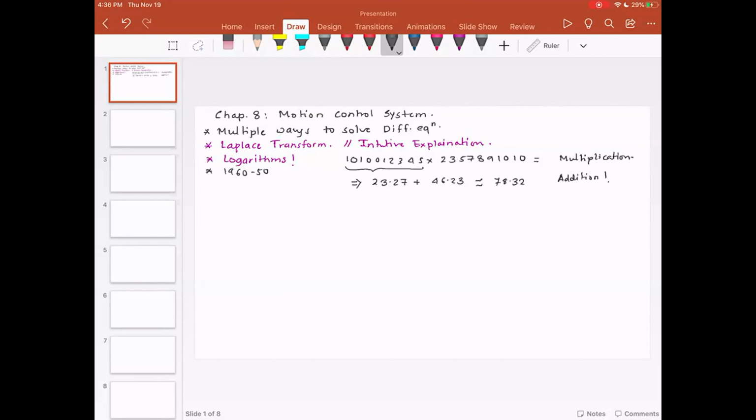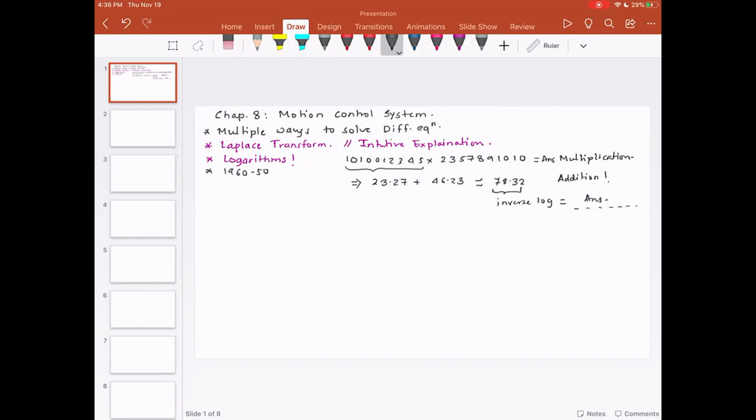This addition is easier to perform. And when you take the inverse log of this number, you would land up with a very large number, which is the answer. So what has happened here is that by logarithm, you used a transform to convert a very complicated and very long multiplication operation into a simple addition.